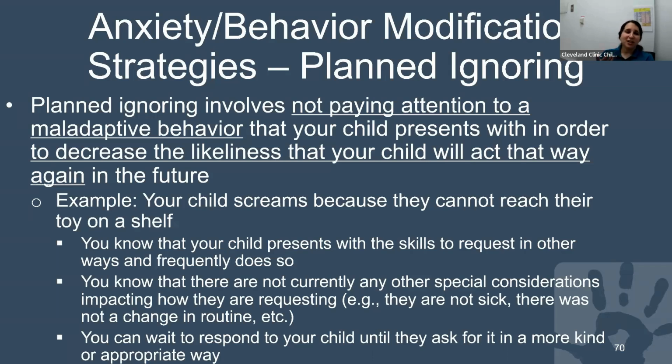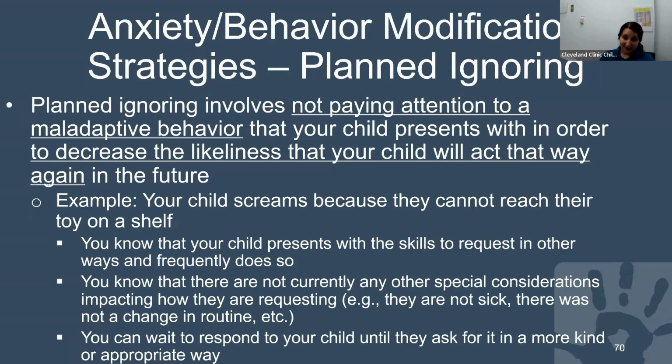And there were no changes in the routines that day, or there haven't been any changes recently in their life. So your 7-year-old is capable, if they can't reach something on the shelf, of saying, "Hey mom, I need help. I need help getting this down." But instead, maybe your child goes, "Ah," or screams, or "I can't get it."